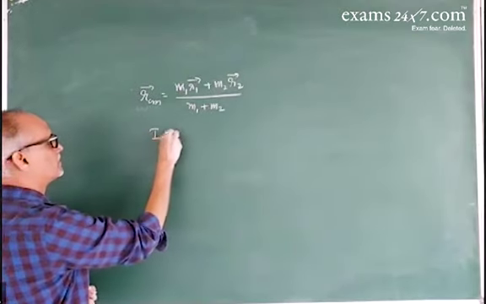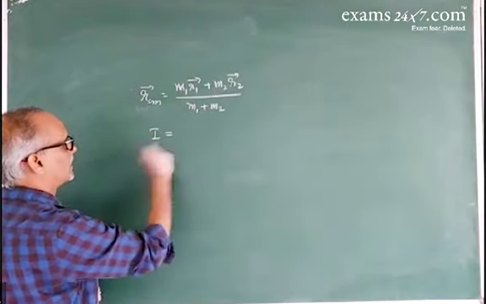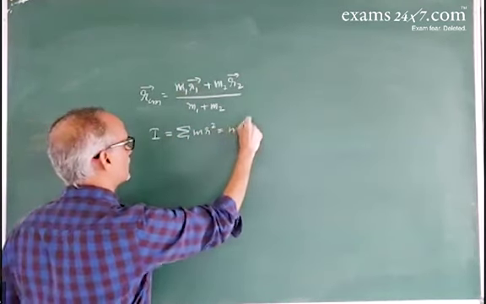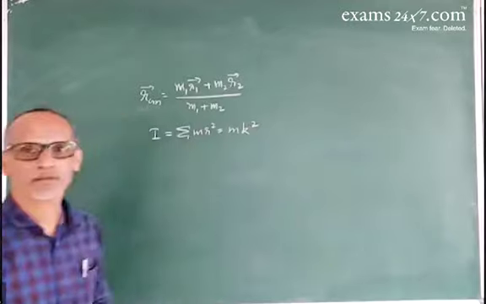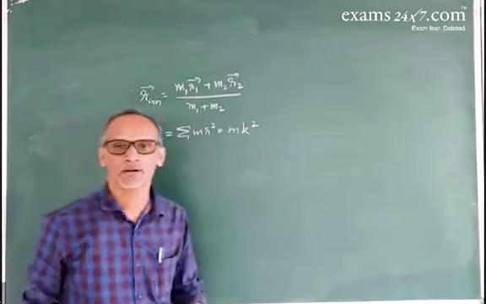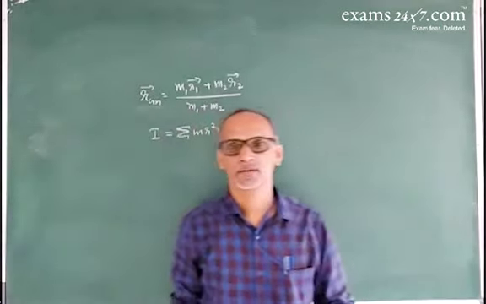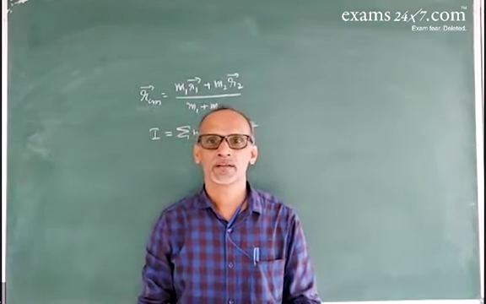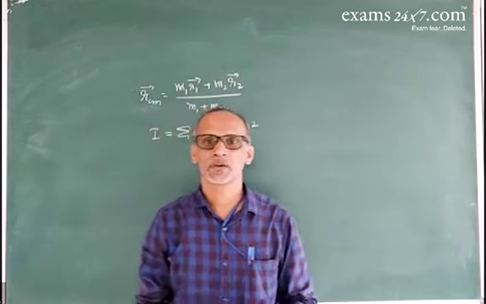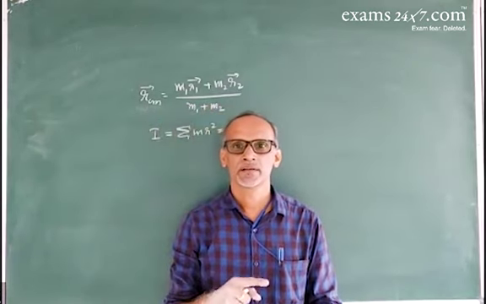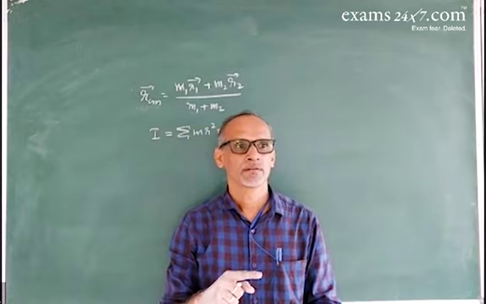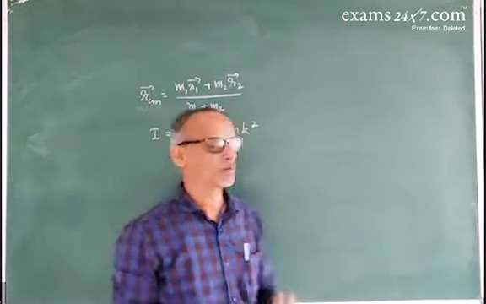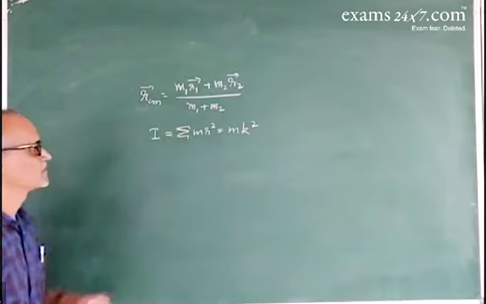Then the formula for moment of inertia, I is equal to summation m r square or m k square. Then moment of inertia of the various shapes, so the entire table is important: the ring, the disc, the solid sphere, the hollow sphere, then solid cylinder, hollow cylinder, then rod. All those equations about the given axis you need to remember.